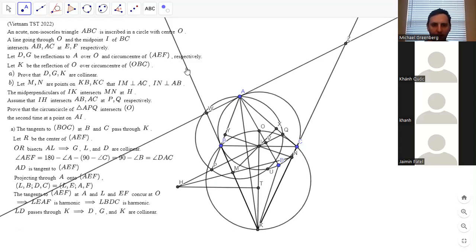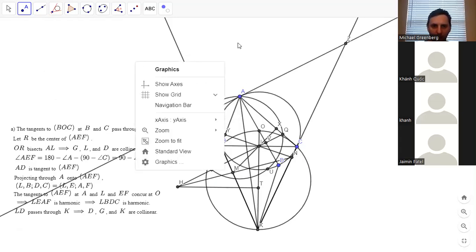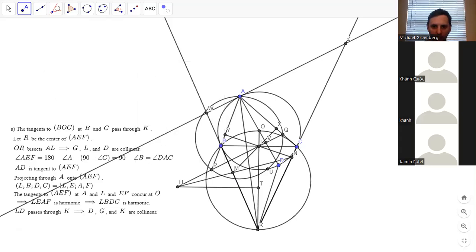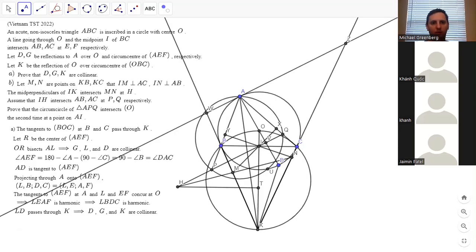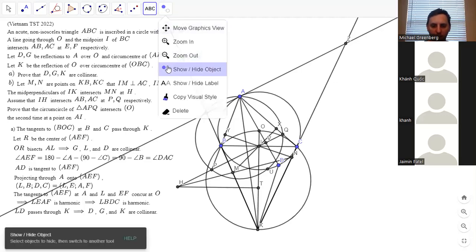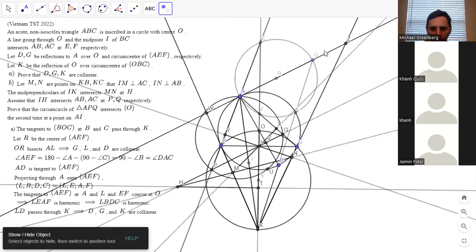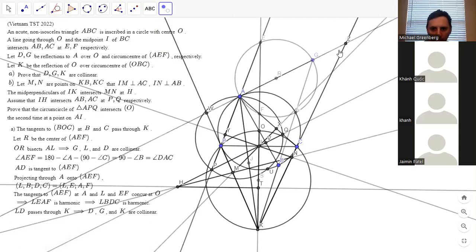All right. So my idea is that instead of working with triangle ABC, we will be working with triangle KWZ. So consider triangle KWZ. We have O is the incenter, and B and C are the tangent points.